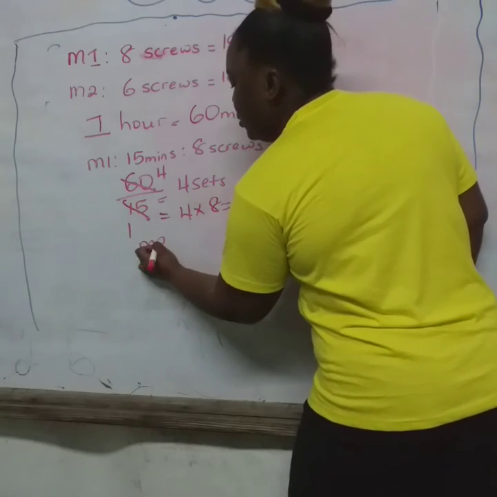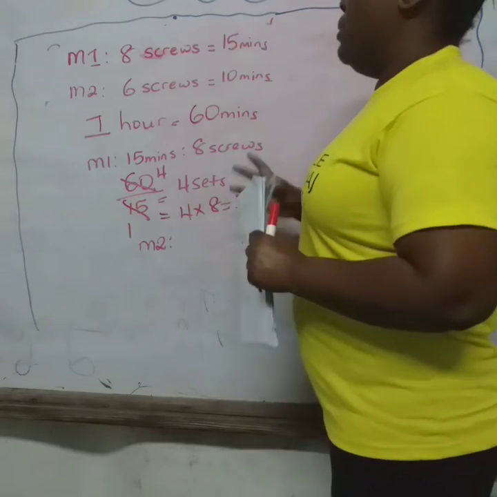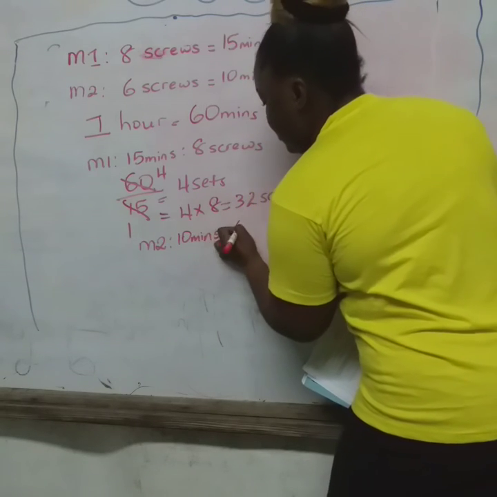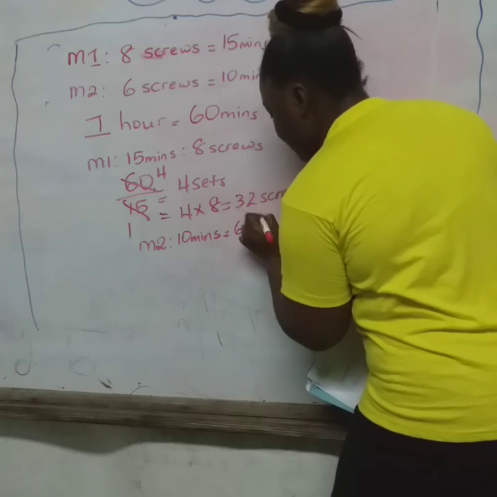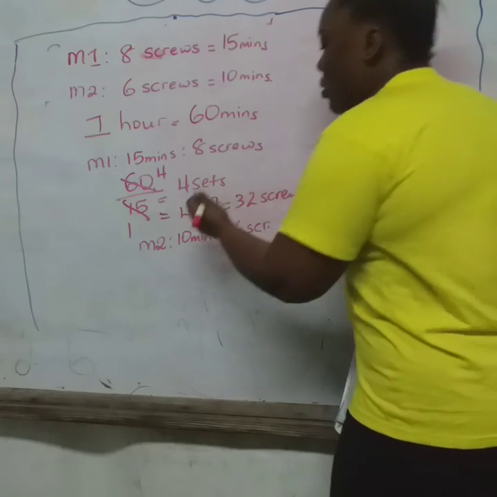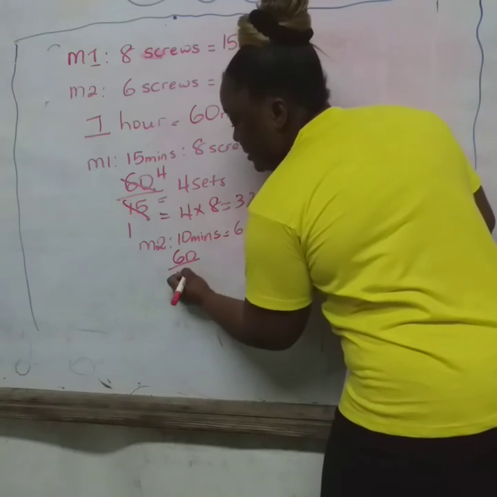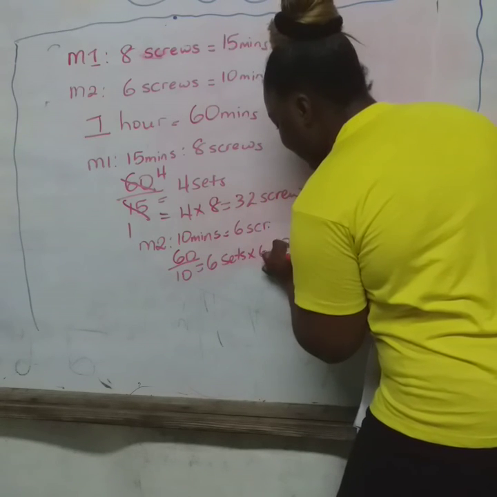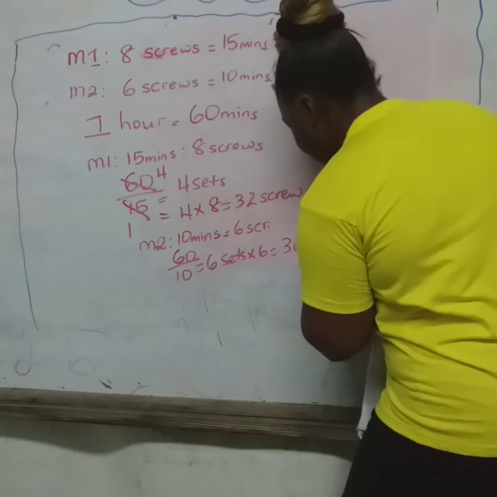If we look at machine 2, right? Every 10 minutes, you'll be able to get 6 screws. So, how many 10s can we get in 60? 6 sets. So 6 sets multiplied by 6, that's 36 screws.